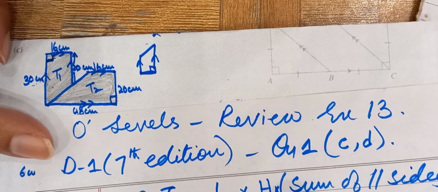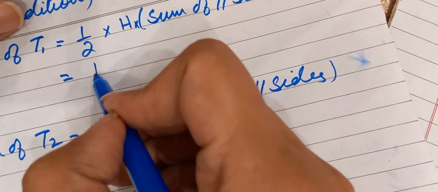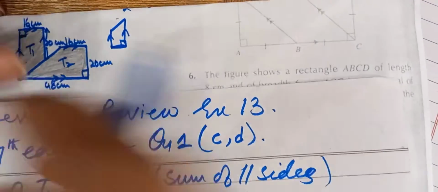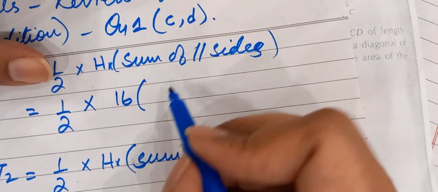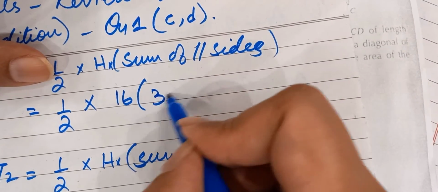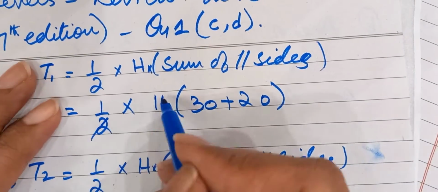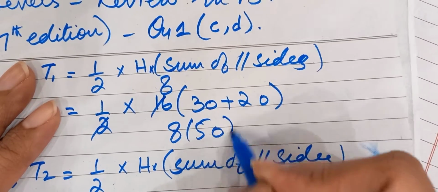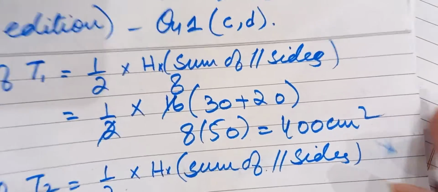So I'm going to write 1 by 2, height is 16, sum of parallel sides is 30 plus 20. So I'll be left with 8 into 50, which is equal to 400 centimeters square. This is the area of trapezium 1.